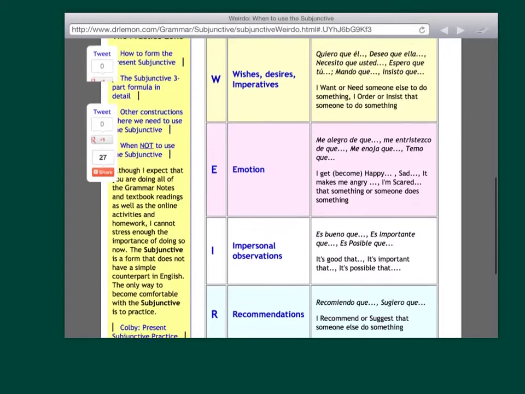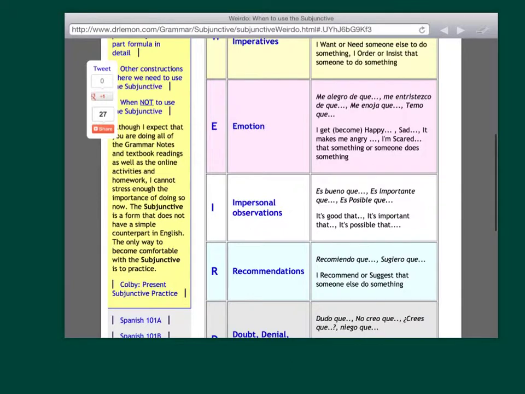The E is for emotion. So like the example shows here, where it says I get happy or sad, or it makes me angry that, etc. Impersonal observations, and you'll get to know a lot of these phrases.